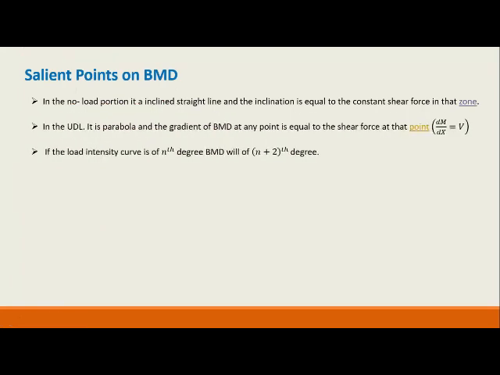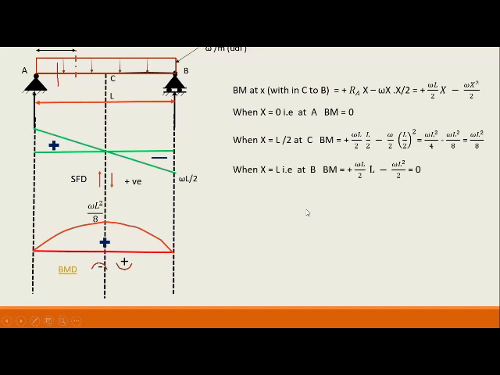So in case of UDL, the second point, it is a parabola, and the gradient of the BMD at any point is equal to the shear force. dM/dx is equal to V. So if you see here, the equation of the parabola, if you differentiate it, you will get the value of shear force.